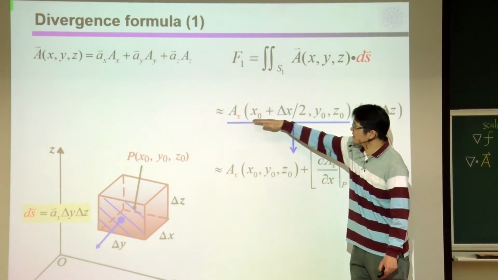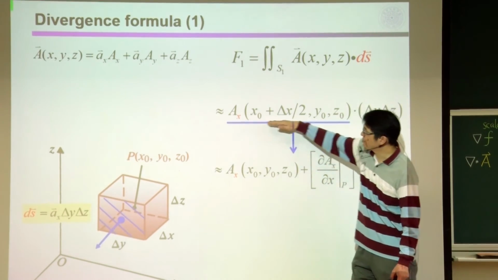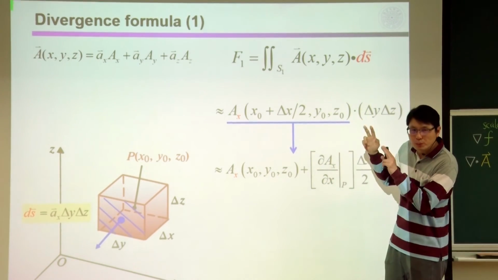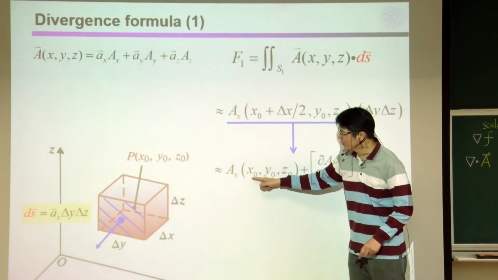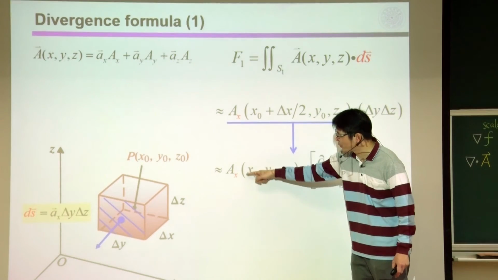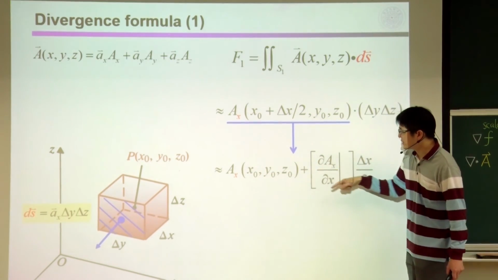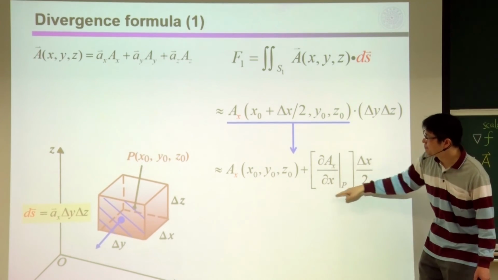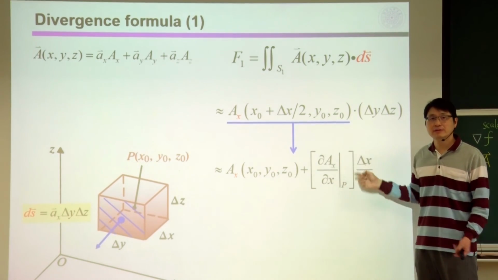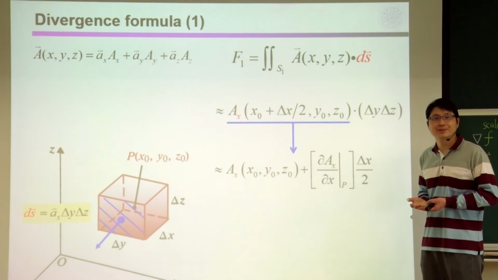So this field value is approximately equal to ax evaluated at my center point plus an offset of delta x divided by 2 multiplied by the slope, right?